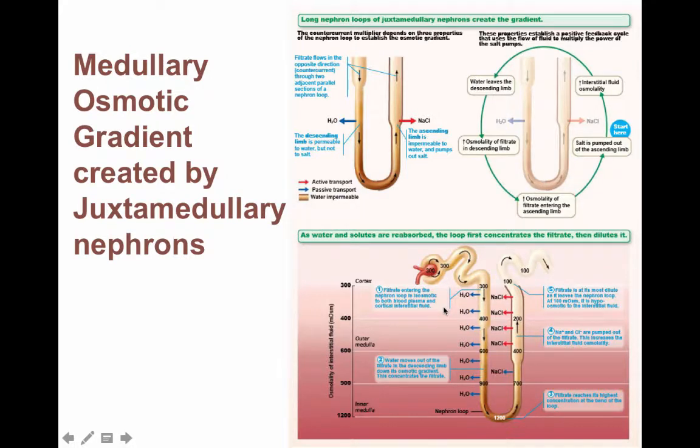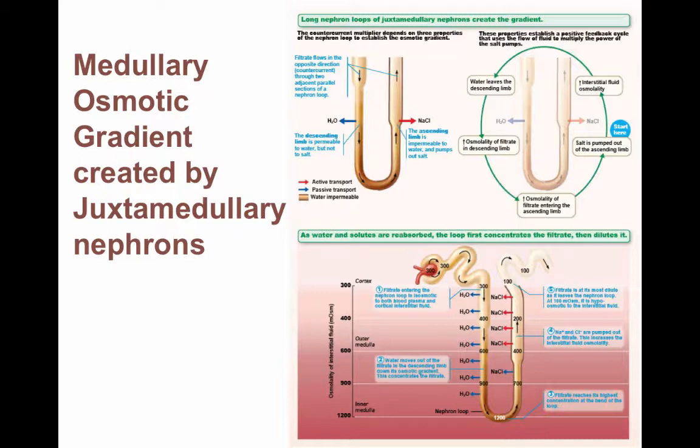And so basically here, you can just see the areas. If you look at the bottom picture, you can see where they're showing you that when you go through, a lot of water will leave initially and get moved out during the descending loop of the nephron loop, so that when you get to the bottom of it, you'll have a very high concentration of salt.